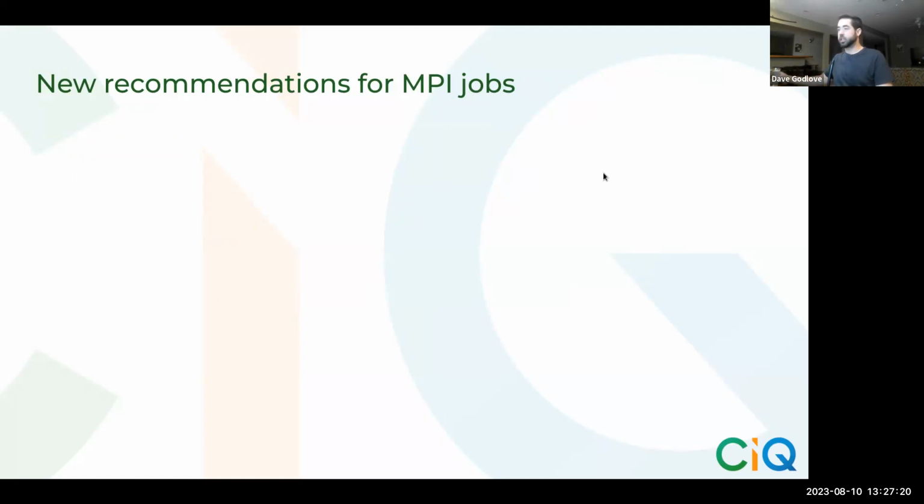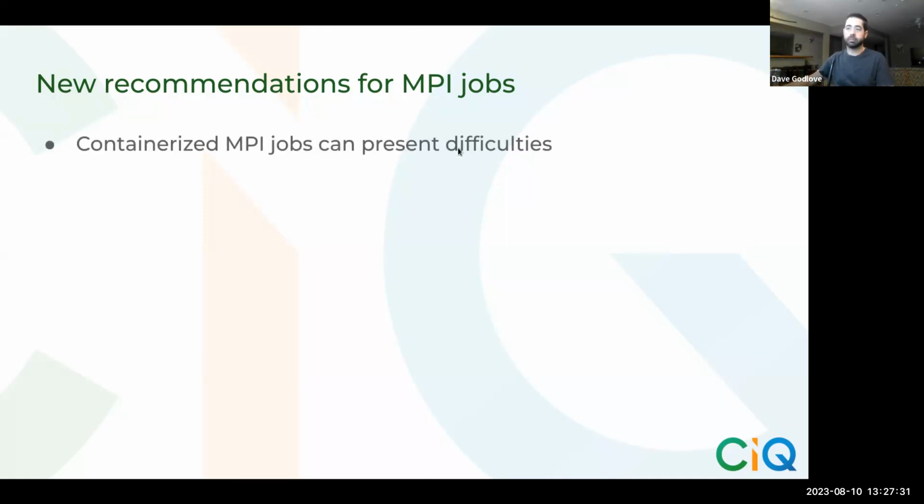Okay, now I'd like to switch gears a little bit and start talking about containerized MPI jobs. In this section, I'm going to recap some of the difficulties that containerized MPI jobs can present to users and to administrators. One of those is the wire up problem, which I'll revisit and recap.